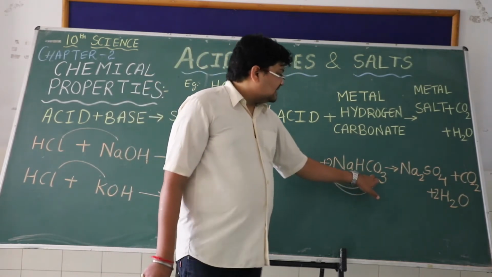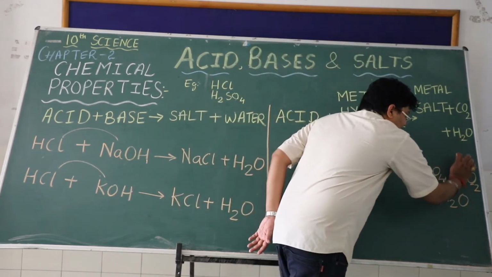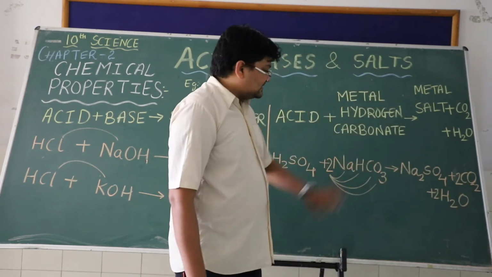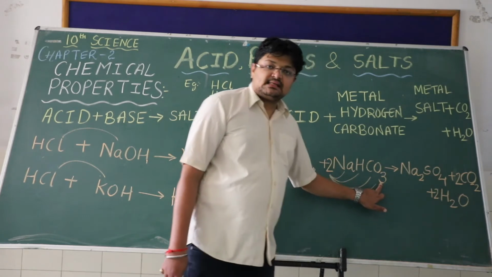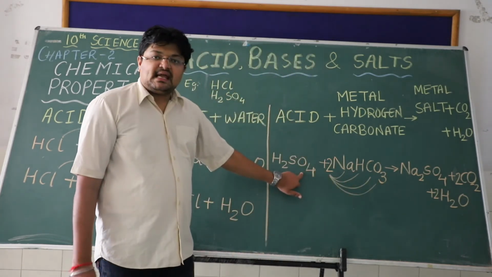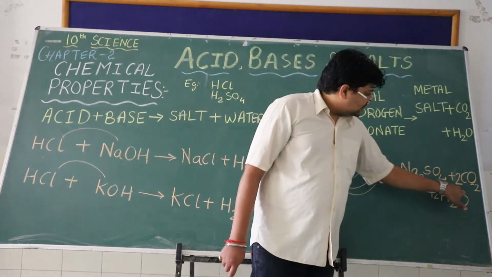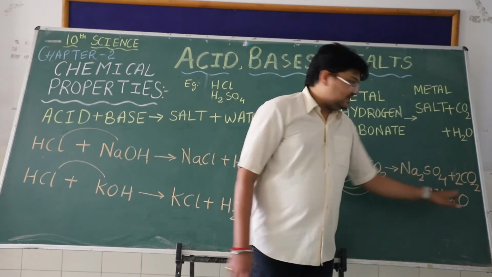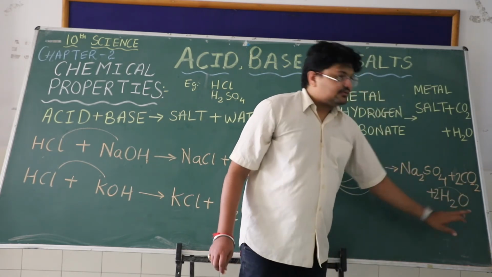Here carbon is 2, and here carbon is 1. So I need to give 2 over here. So now carbon is also 2. Now see oxygen. 2 3s are 6 oxygen plus 4, 10 oxygen. Now on the right hand side, 4, 2 2s are 4, and again 2 for this oxygen. So 4 plus 4 plus 2, so 10.